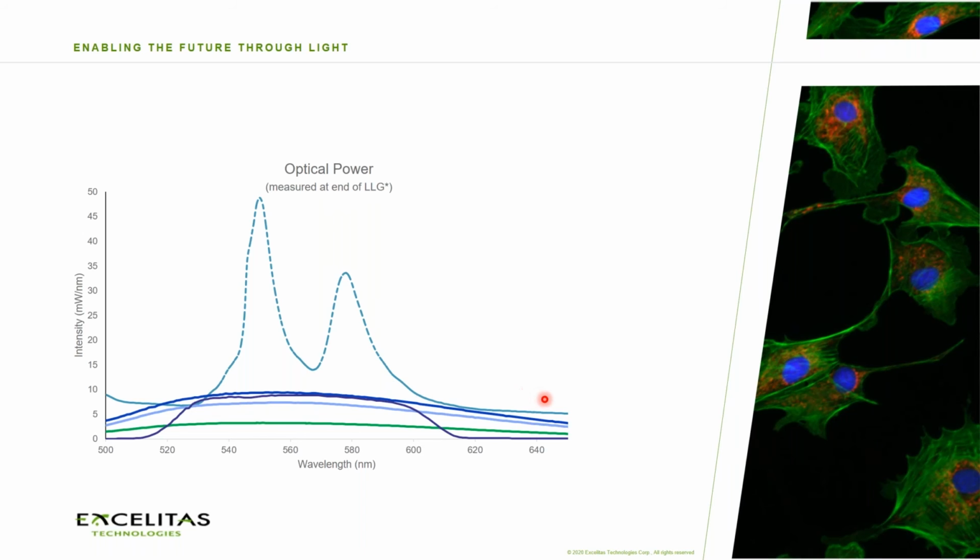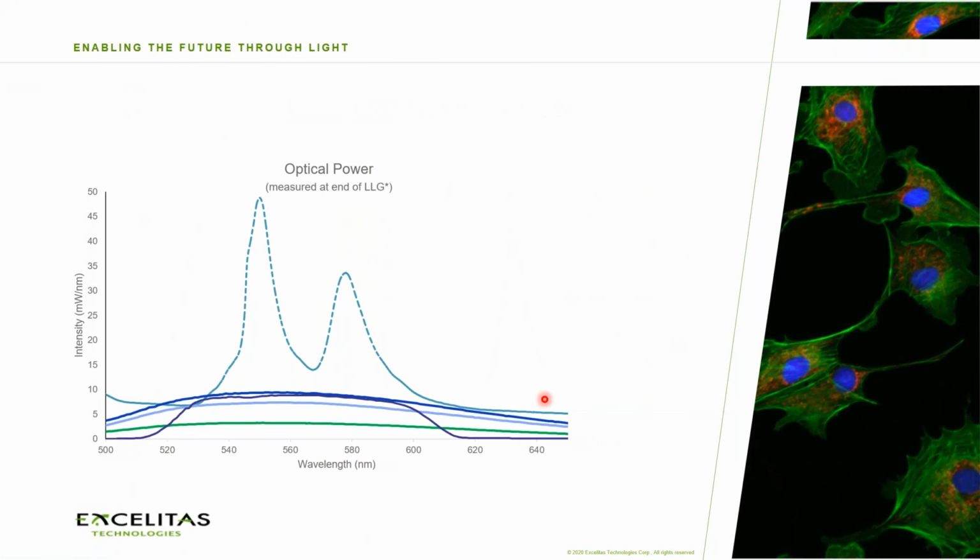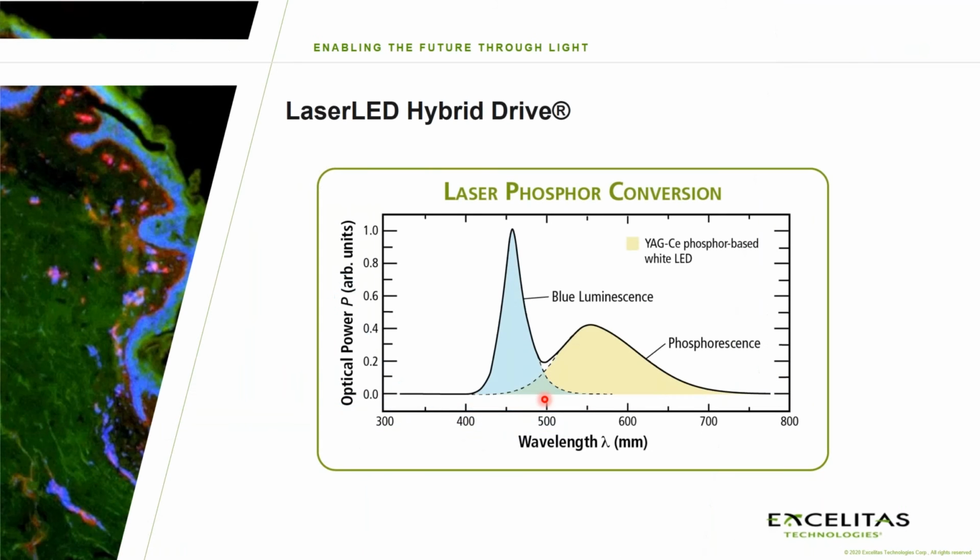What we then decided to do is get a bit more creative to get the peaks, or the power, that's required in order to fill up the green gap. Phosphor conversion has been used for decades, and what that encompasses is using a blue LED, which is right here, to excite a phosphor, and the emitted light from the blue excitation gives you a nice curve between the 500 and 600.